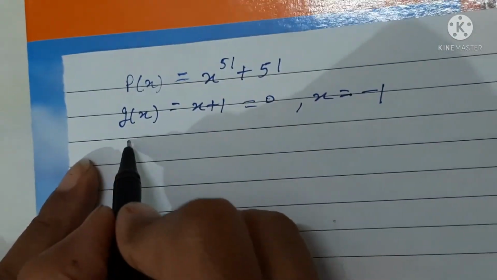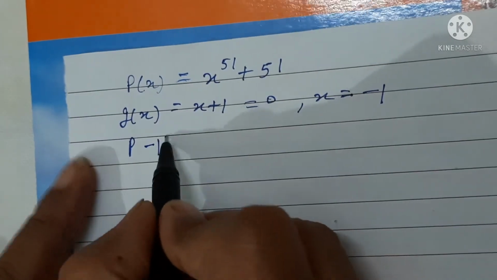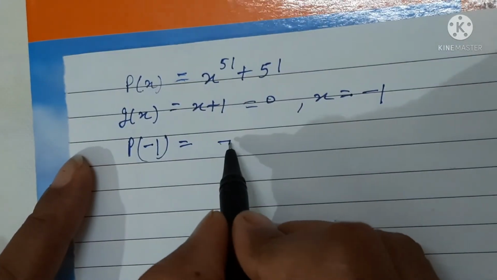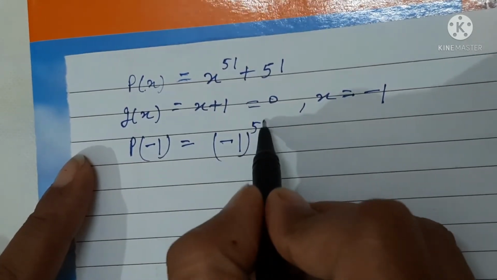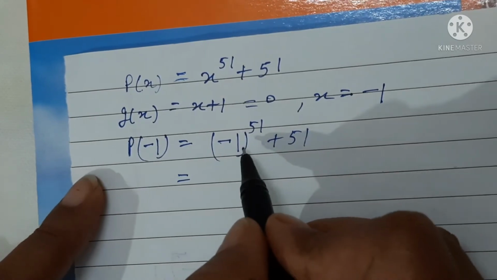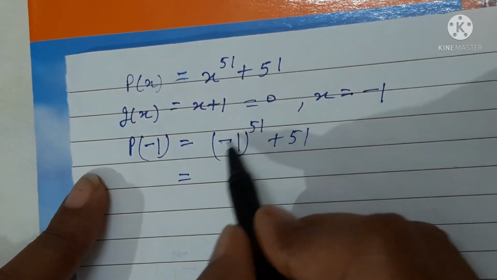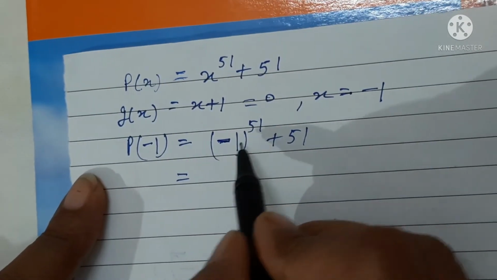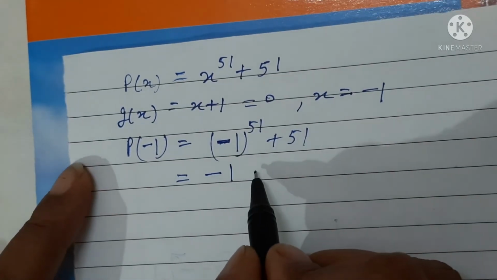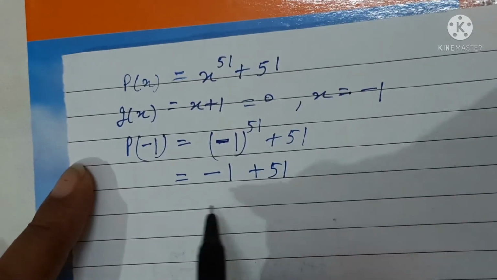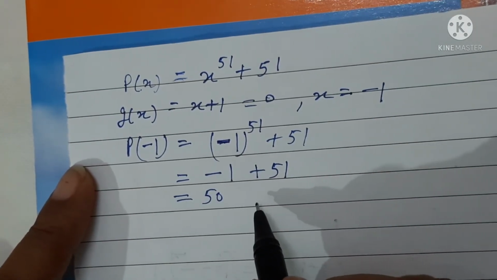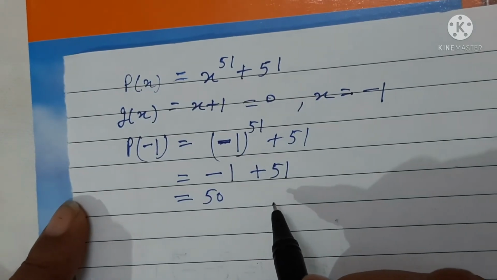Substitute the value in polynomial p minus 1. So you will get the remainder: minus 1 to the power of 51 plus 51. Because it is an odd power, this will be minus 1 plus 51. You will get 50. Remainder is 50. Our option D is correct.